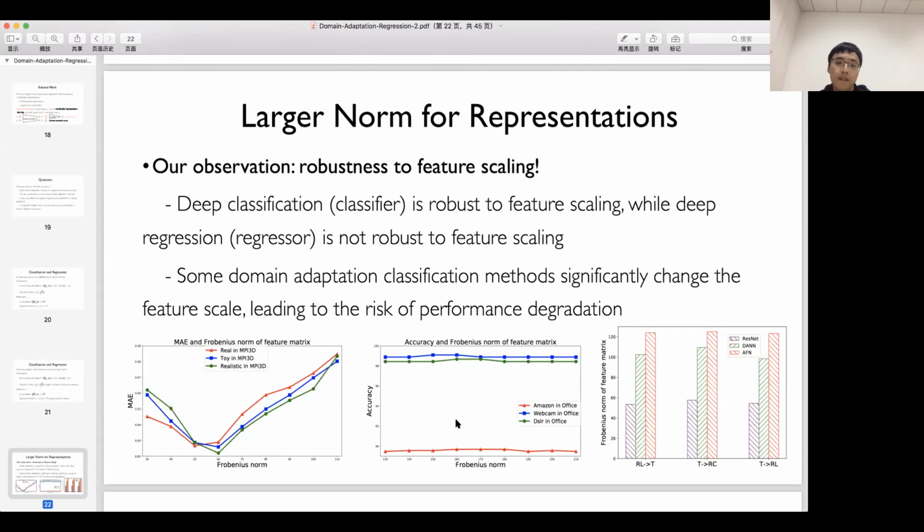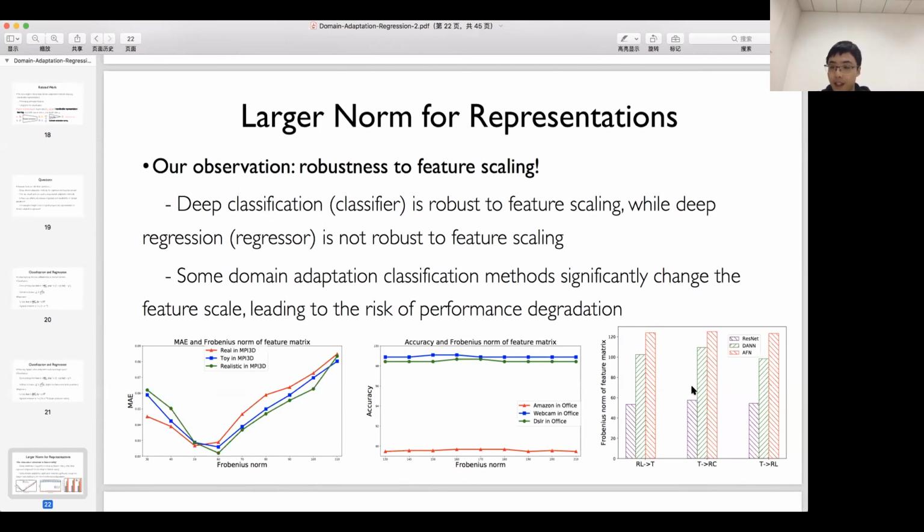And in the second figure, we can find that if we change the Frobenius norm of the feature matrix, the accuracy of the classifier will not change. It means that a deep classifier is very robust to feature scaling. If we change the feature scale, the performance will not change. But in deep regression, this is not the case.